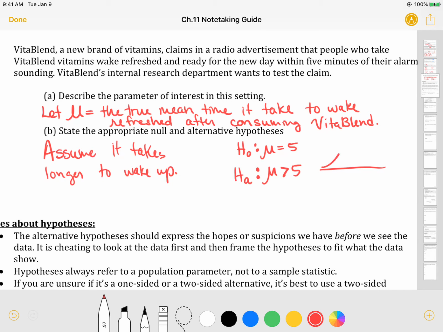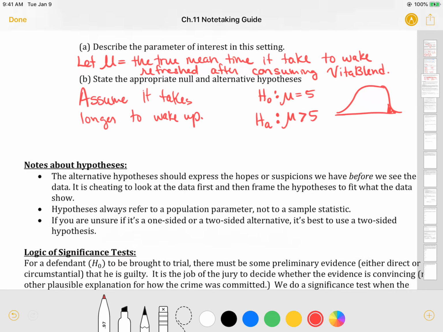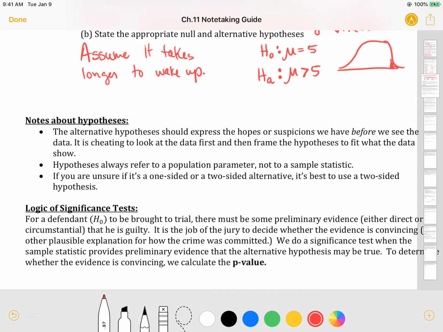So this one would be a right tail. Now, this is kind of an interesting example because it can be kind of confusing to decide which way we want this tail to go to test this claim. So we're going to wrap this up by looking at a few pointers when we set up our hypotheses.